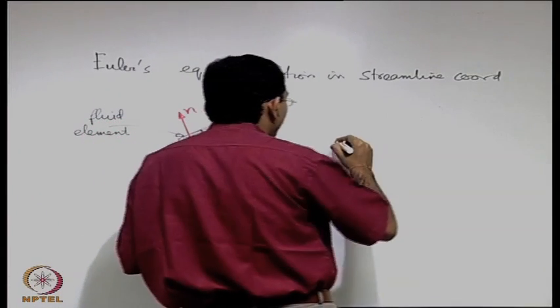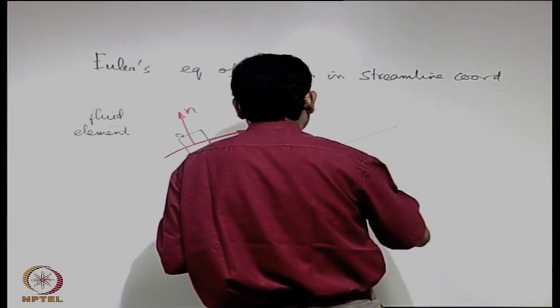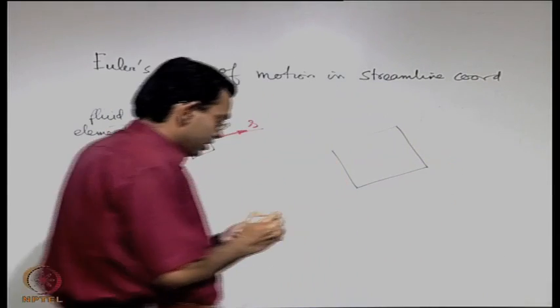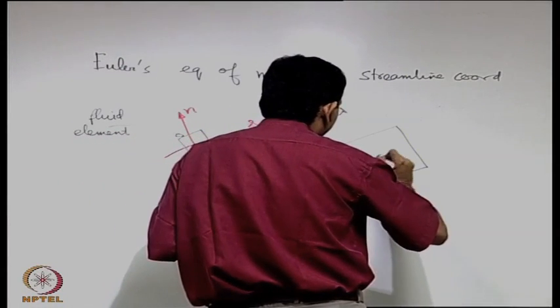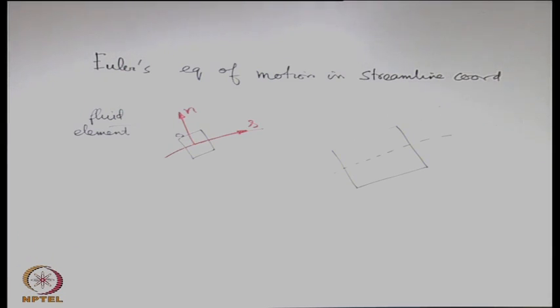We separately draw it for clarity. So, let us say that we have a fluid element like this, and let us consider that the center line of the fluid element is such that it is representing the streamline locally.